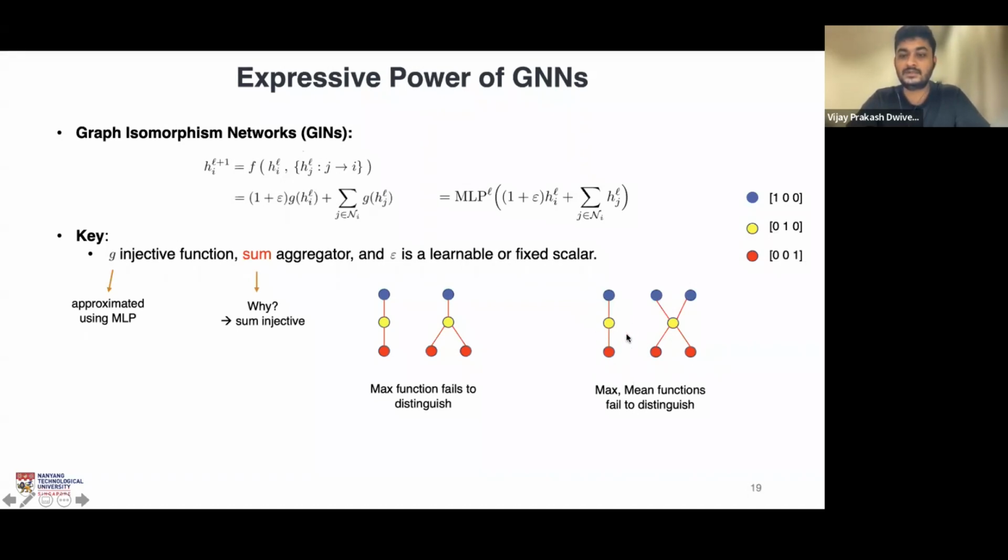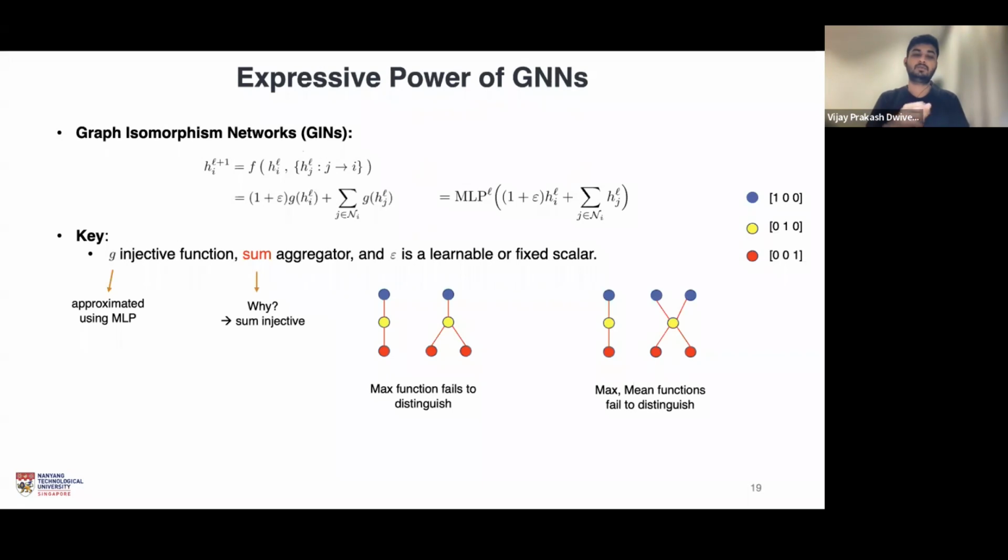So it fails to distinguish that they're actually different, with more neighbors in the second case. So what if we did sum? If we did sum, then we would simply be able to count that there is only one blue neighbor here, whereas there are twice the number of blue neighbors and twice the number of red neighbors here. So in both these cases, sum is able to distinguish, and it counts in an injective fashion.